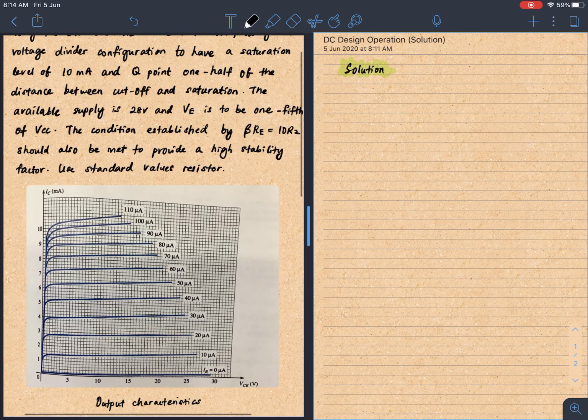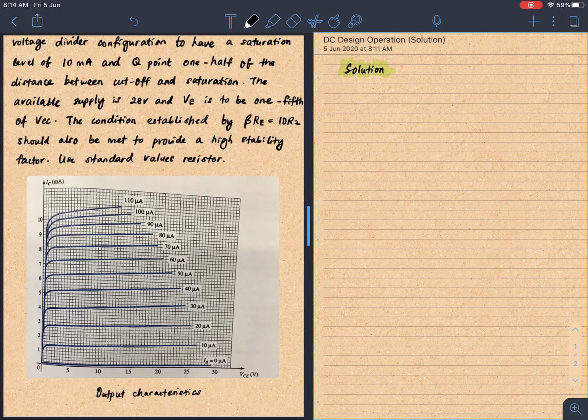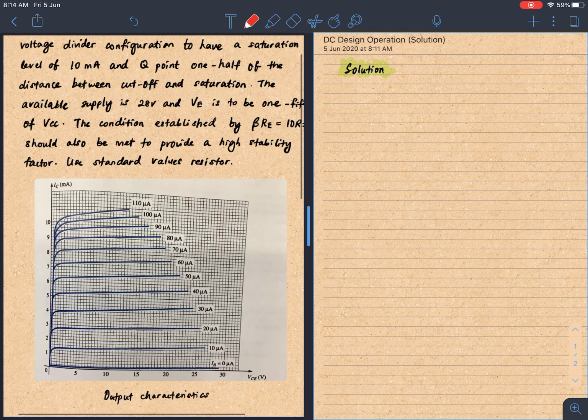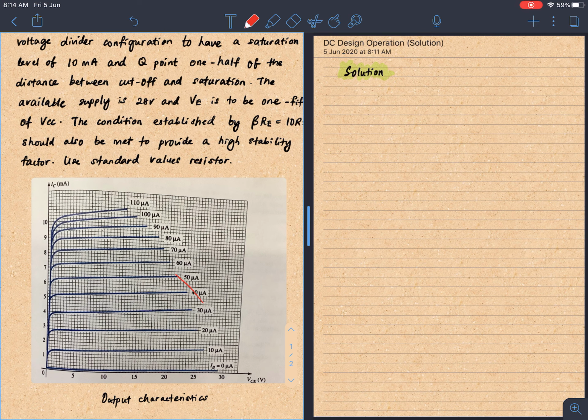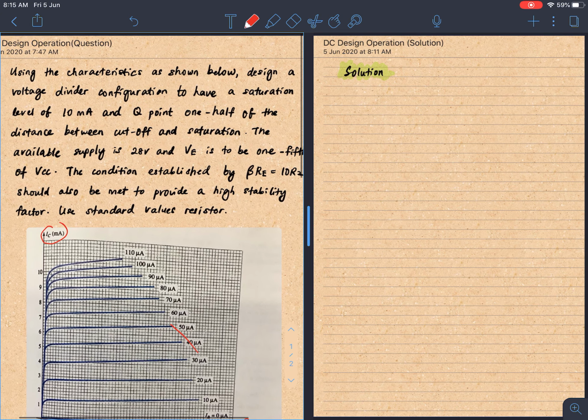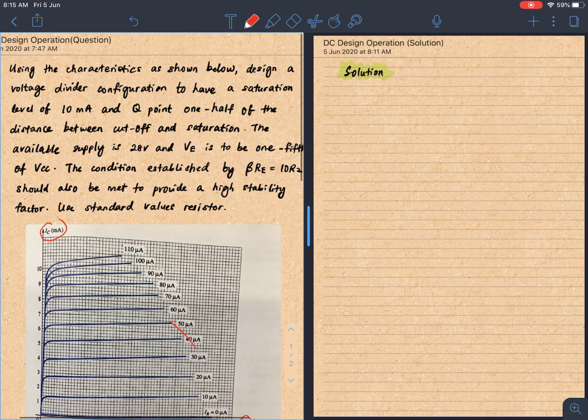Okay, let me take a look at the output characteristic. So here is the IC, and then the VCE value. Okay, let me take the important information from this question. The question asks you to design a voltage divider.